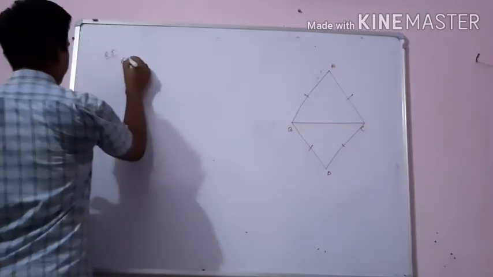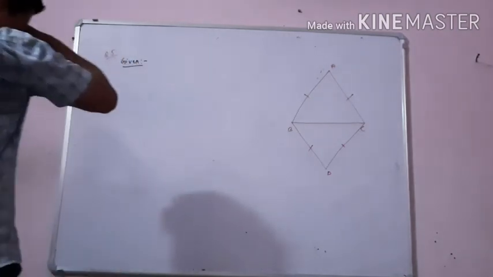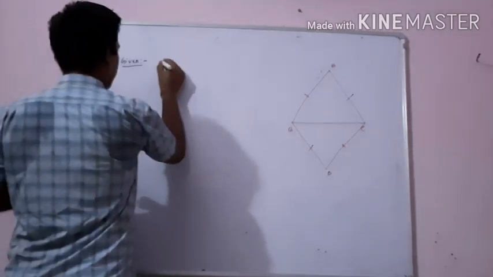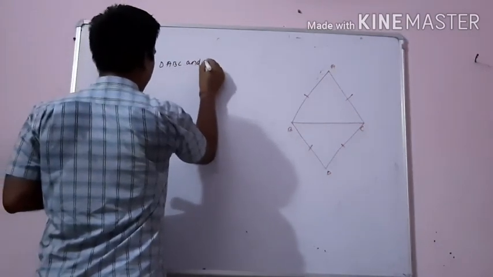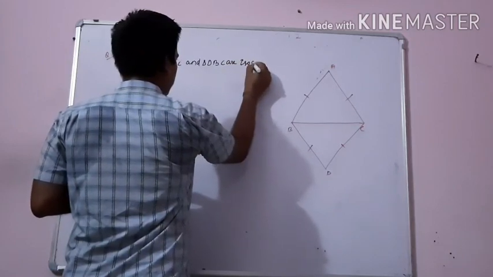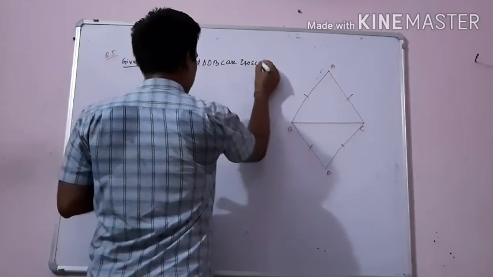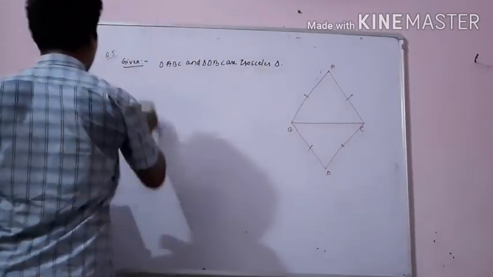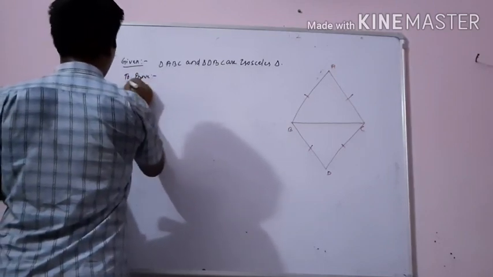First thing you write the given. What is given? Given is triangle ABC and triangle DBC are isosceles triangles. Now what we have to prove?